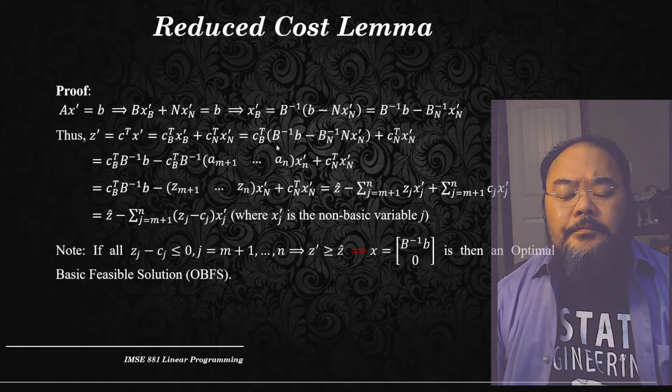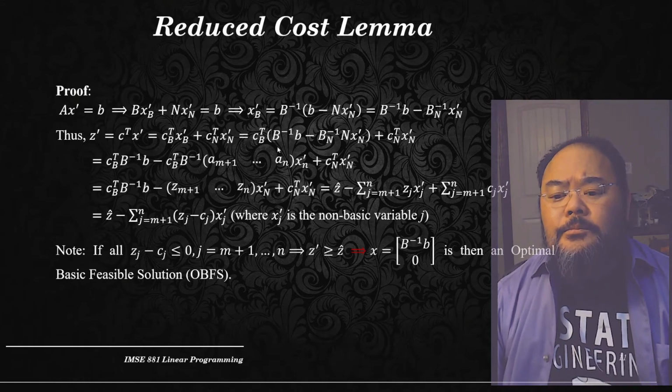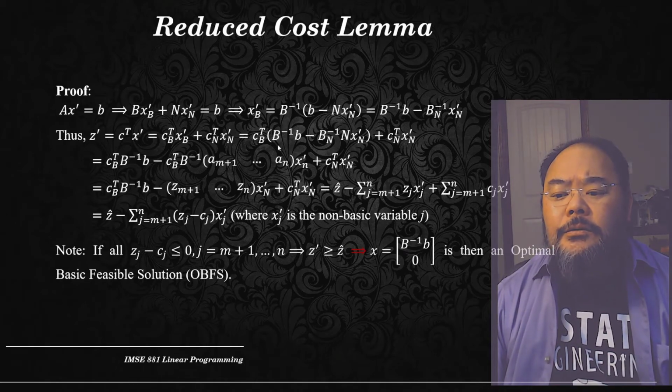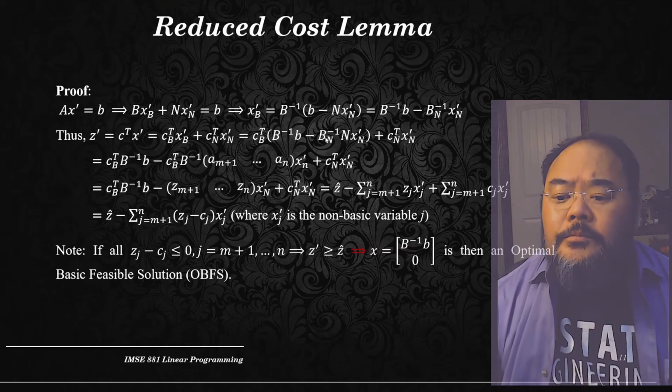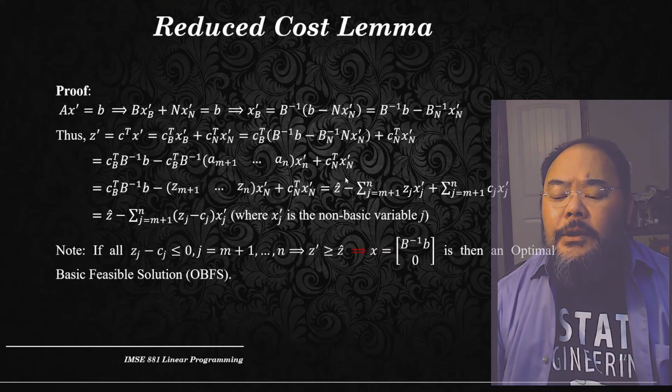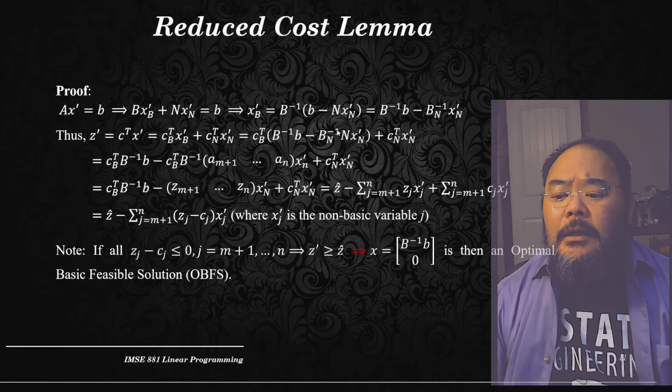The first part we can separate out by this equation: B inverse times b minus B inverse times N times xN prime, plus cN transpose times xN prime.